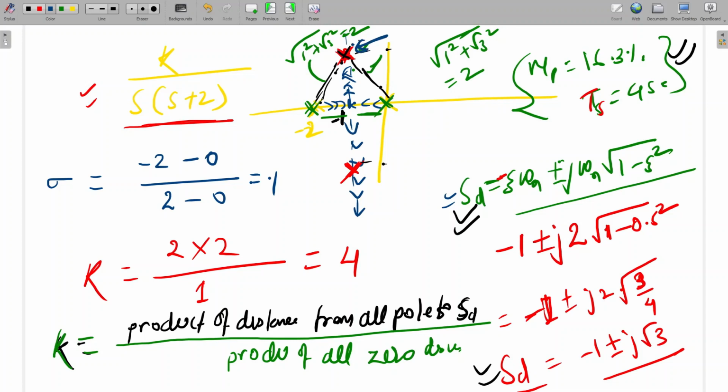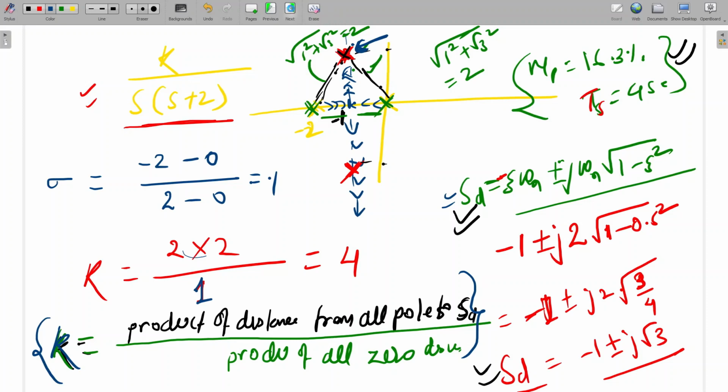At this point, we have to measure the distance and multiply. So this is the formula. Since no zero is there in the system, the denominator will be 1. Is it clear? Directly from the root locus we can find the k value.